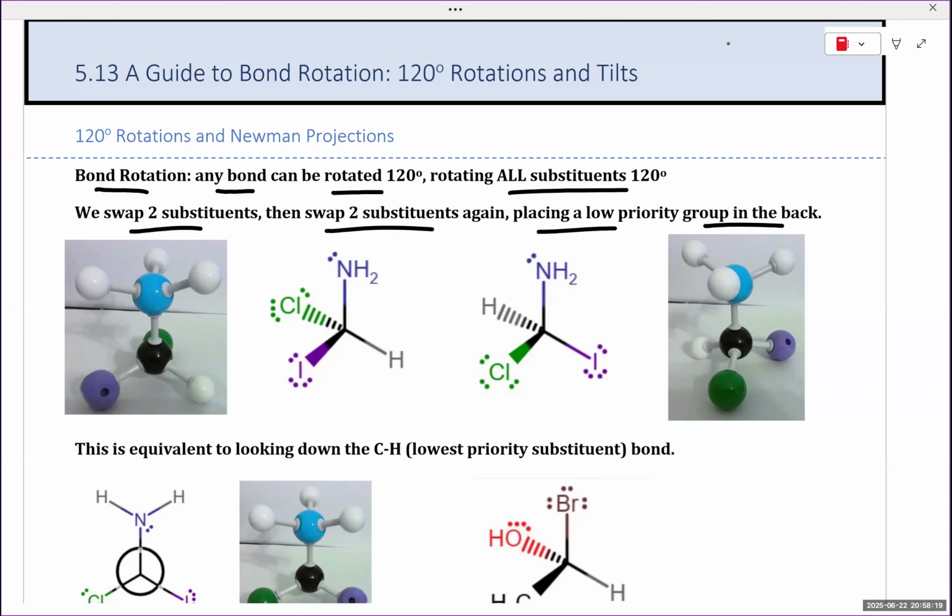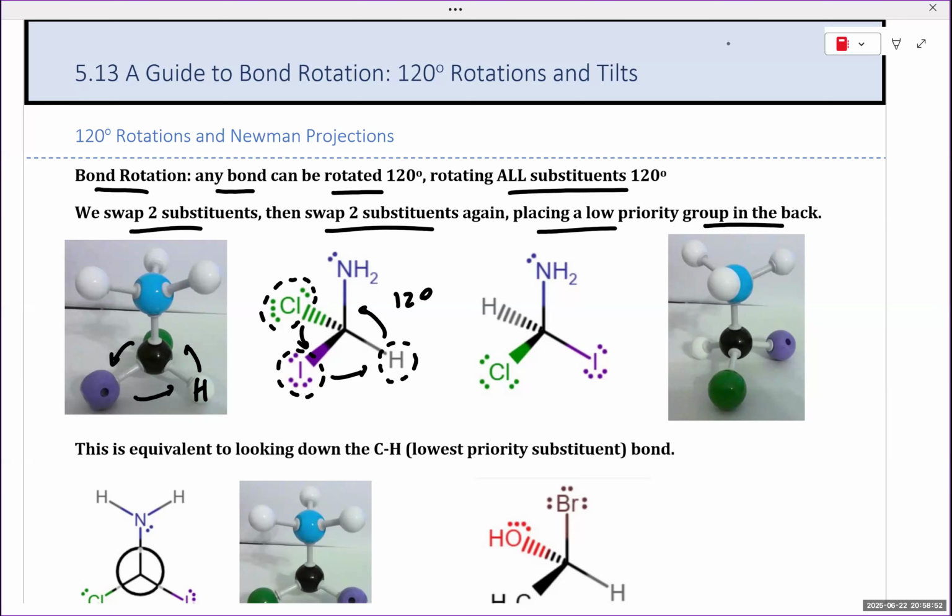So if here is our starting point and we want the hydrogen to end up in the back, we can think of it as we're rotating these bottom groups 120 degrees. What you can also think of it as a successive set of swaps where we in turn swap the hydrogen and the chlorine, and then swap the chlorine and the iodine.